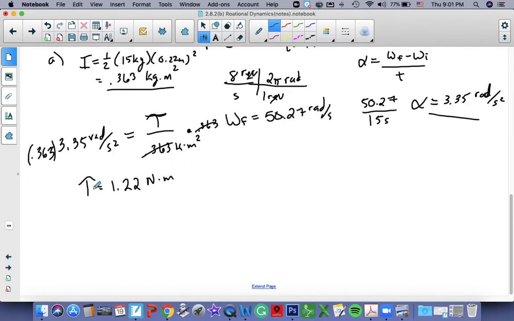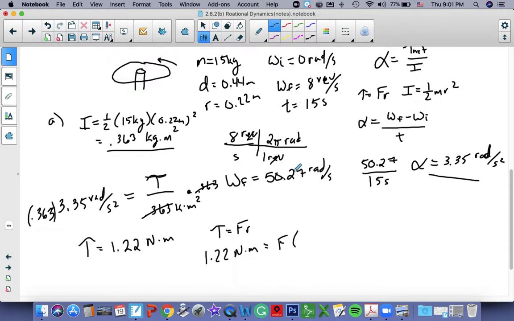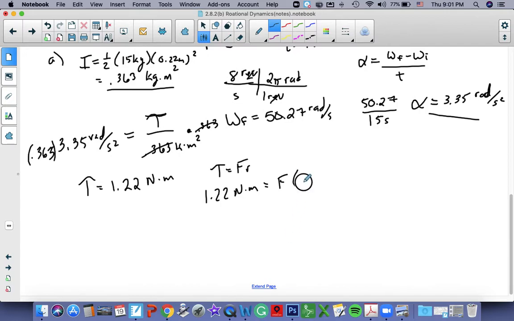And now we're trying to get the force out of this. Torque equals force times radius. So we can plug in 1.22 Newton meters for torque. We don't know the force, and we know the radius, 0.22 meters.